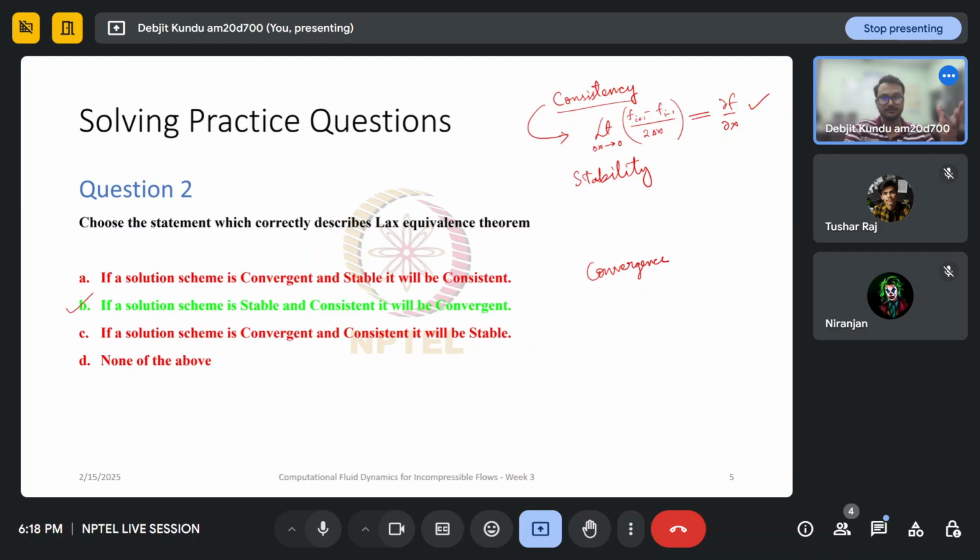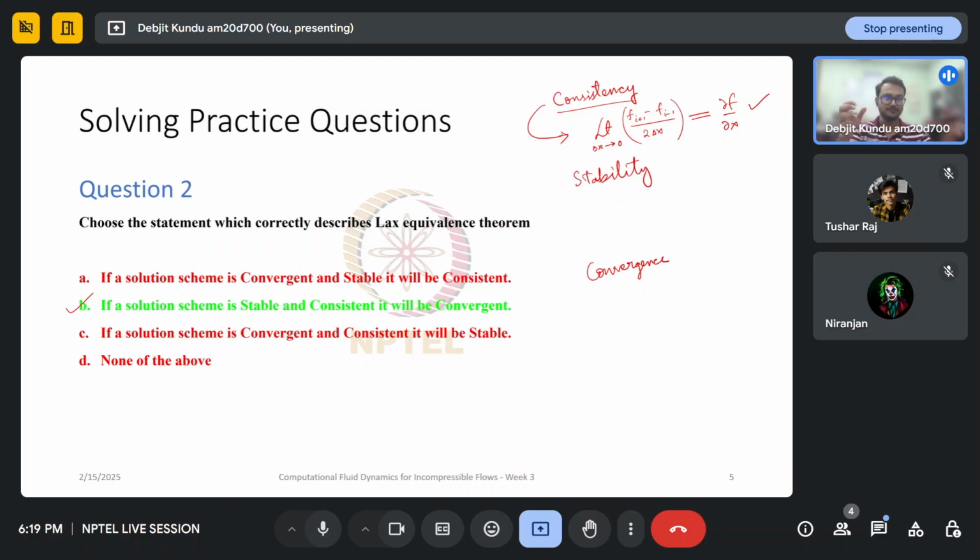Now, this might seem trivial that we are starting from a partial differential equation and we are discretizing it. So the discretized form, under the limit that delta x and delta t go to 0, should again go back to the same partial differential equation. But no, there are certain cases where people introduce weird discretization schemes.